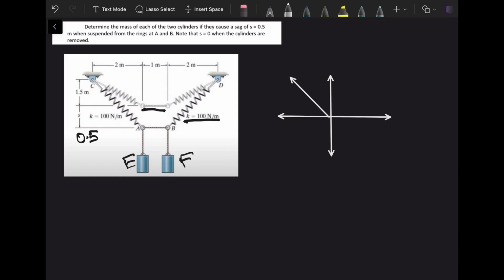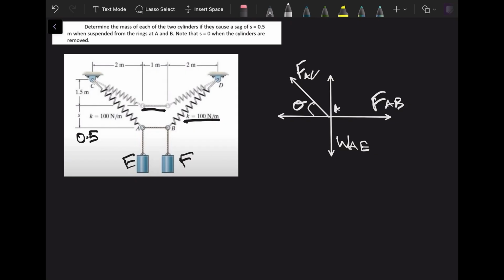This is the spring's force, FAC. Let me name this theta. This is the force on B, FAB, and this is the weight, weight AE.